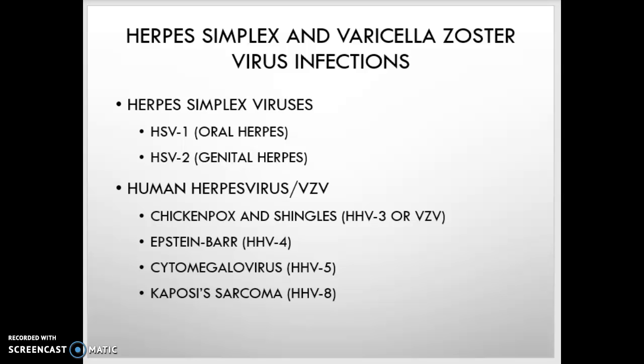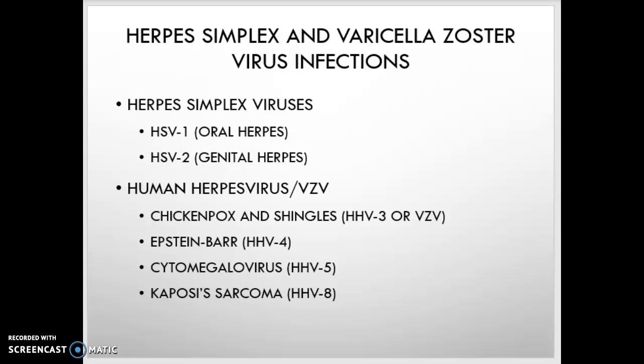Our Epstein-Barr virus, HHV4, is associated with mononucleosis and chronic fatigue syndrome. Our cytomegalovirus, HHV5, can cause a very serious eye infection. And then we have our HHV8, that's our Kaposi sarcoma, an oncogenic virus that actually causes a very specific cancer in patients that are HIV positive with AIDS.